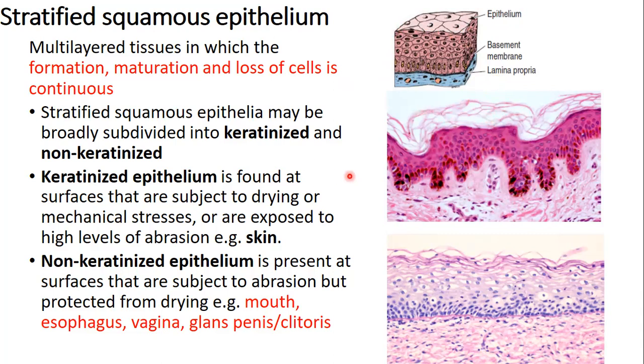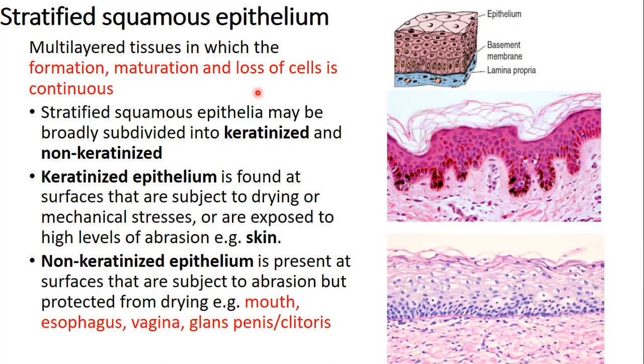So where do we find stratified squamous epithelium? Stratified squamous epithelium is found in areas where there is mechanical stress, where there is friction, where there is pressure.